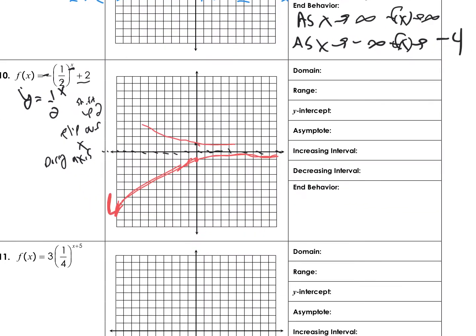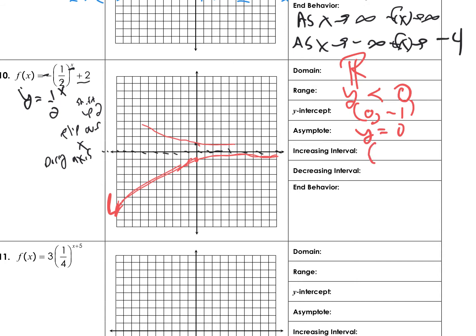Domain, all real numbers. Range, y is less than 0. Because it goes down now, it doesn't go up. Y-intercept used to be (0, 1), now it's (0, -1). Asymptote still is y is 0. Increases, haha.